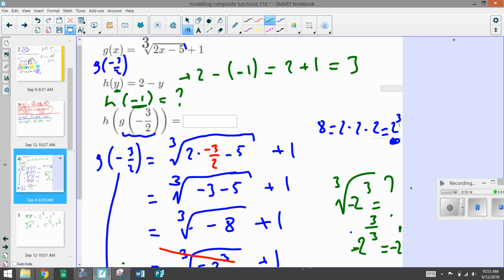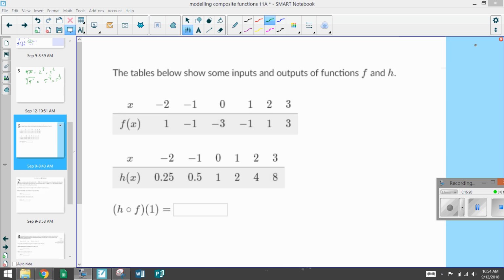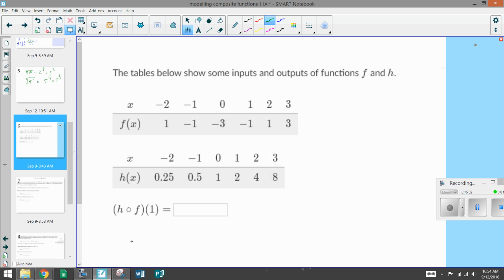That makes 3. Who remembered how to do this question? It's one of the easiest questions. You plug it in, you're right. Yes, we plugged in.